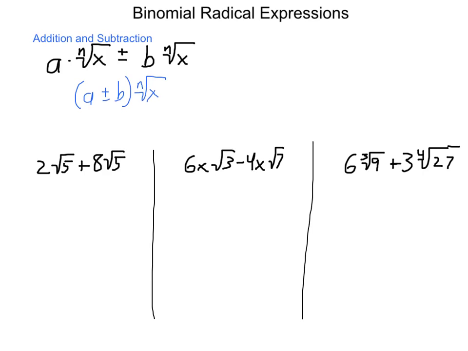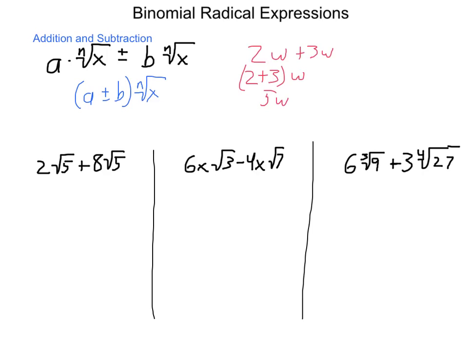This is similar in idea to if I have 2w plus 3w. The w's act on their own. I just have 2 plus 3, which can be factored out of there, so I end up with 5w. Similar idea, now we're just using an nth root of x rather than a single variable w.